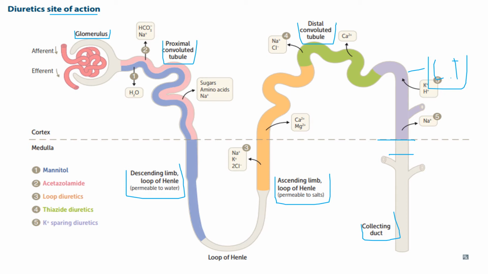We'll talk about each diuretic one by one as mentioned in this image. The first one is mannitol, which acts on the proximal convoluted tubule and descending loop of Henle, which are mainly responsible for water reabsorption.